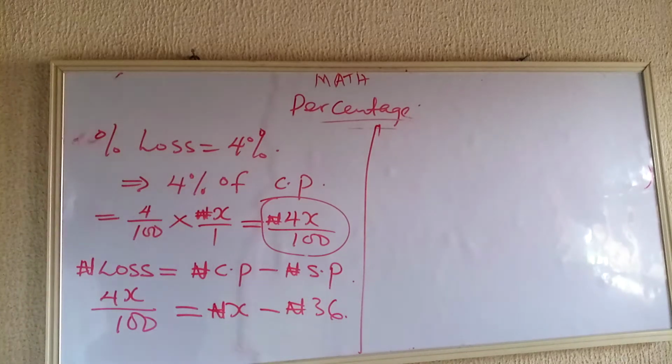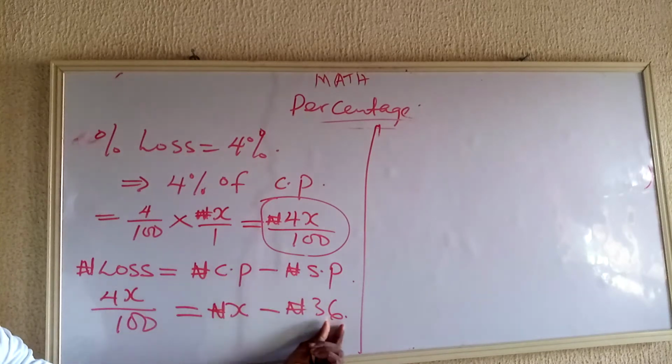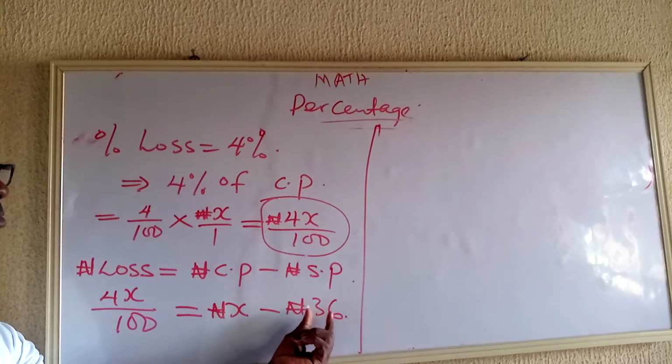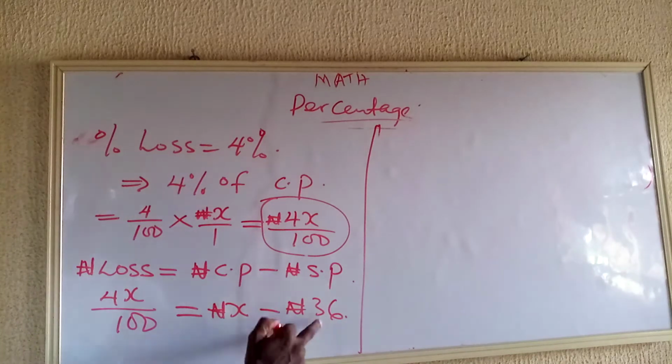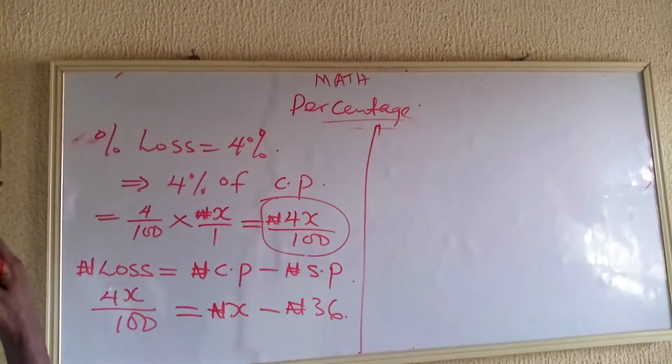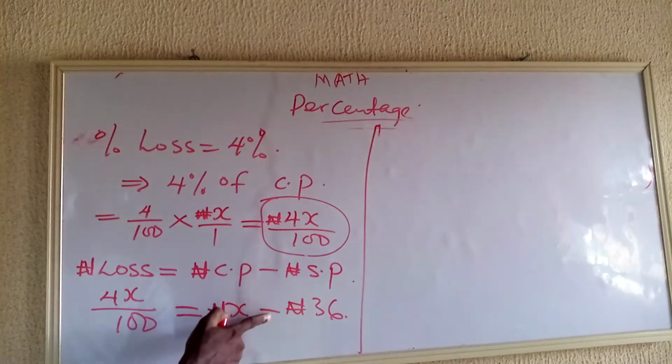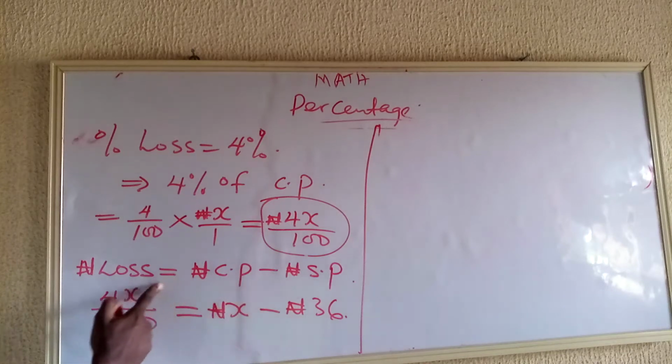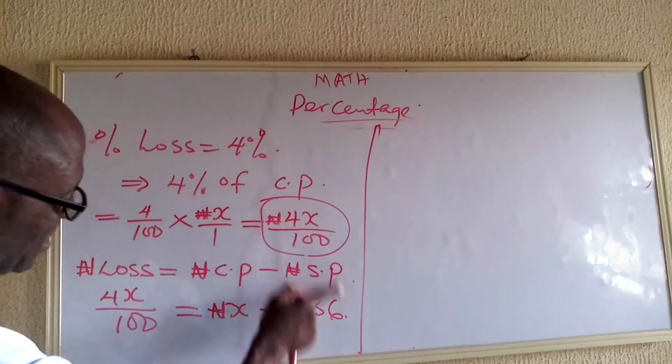So take note of this. The next thing now is you collect the like terms. Let the variables x be together, while the number without a variable will be on its own. You can see that the 36 naira here does not have any x, so it's advisable we let it stay on its own. Since this is minus, I will bring this 36 naira and cross it to the other side. It becomes positive, while I will move this 4x over 100, which is positive here, to the other side.